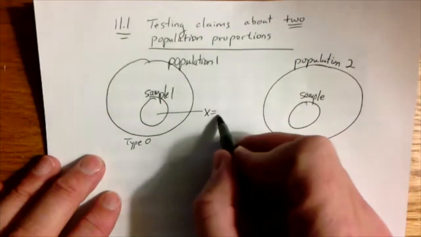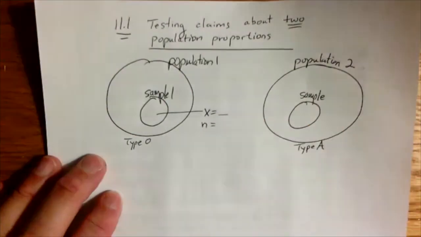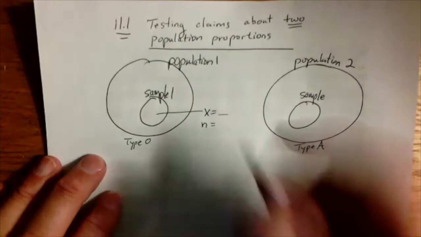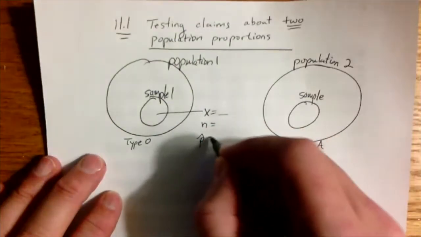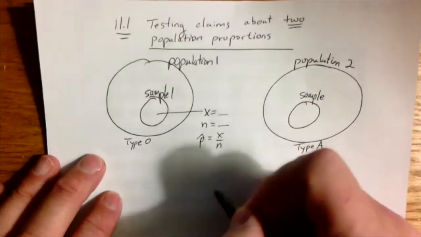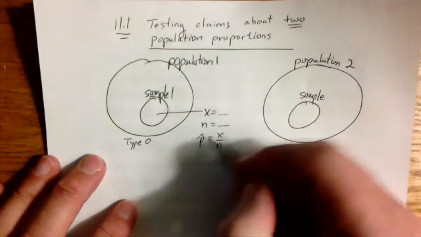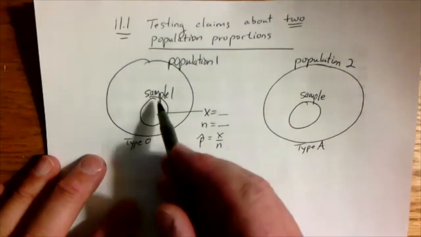All right, so we identify the number who have type A blood out of the total number in the sample. Men and women and various other things. And then with these two numbers, we can calculate the sample proportion just by dividing the X value by the N value. So that gives us the sample proportion from the first sample.